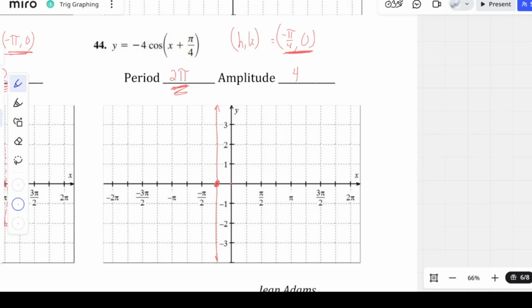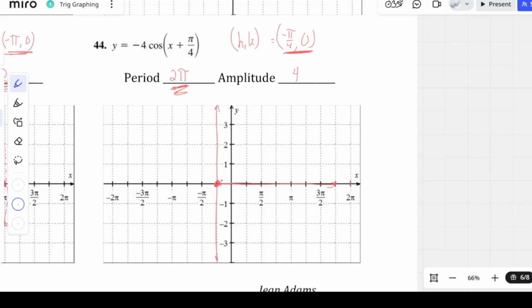If it started from 0, the period would be 2 pi and would end there. But since I'm starting quarter pi backwards, I'll just go back here, go backwards quarter pi, and I know that must be 2 pi. Otherwise, I could just do it with fractions and see.